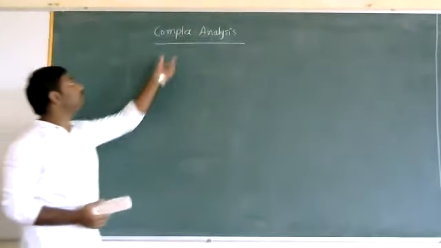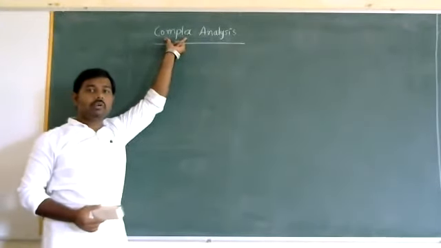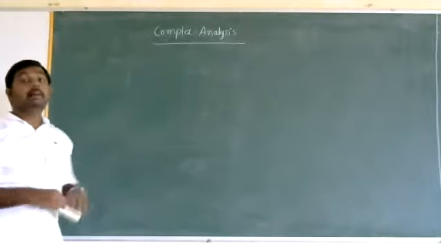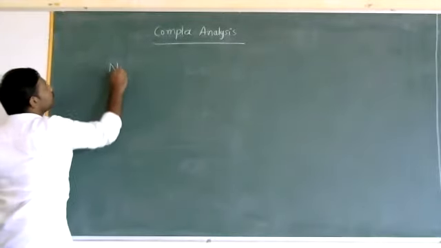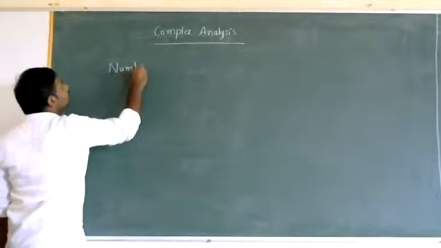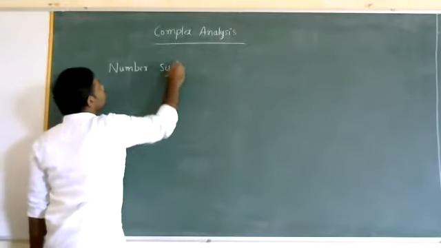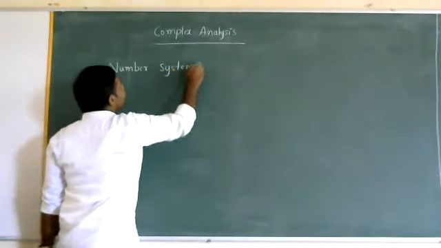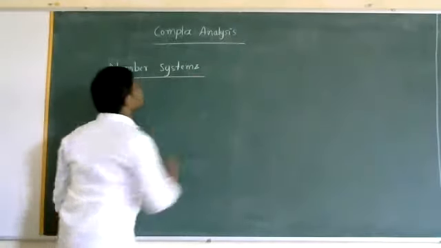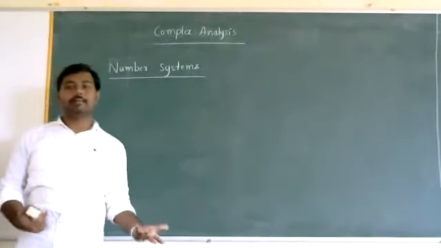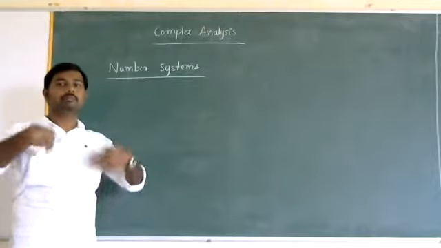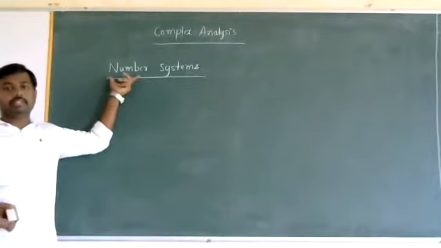Now, before going to the word complex, I want to recall the number systems. If I say mathematics, the first thing which will come to our mind is numbers, right?